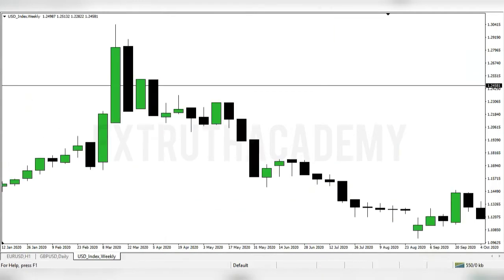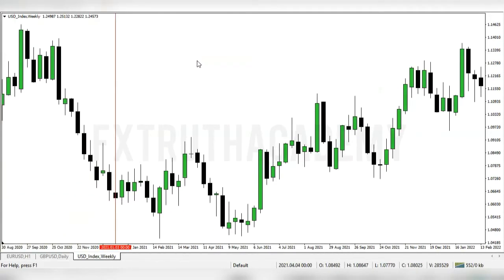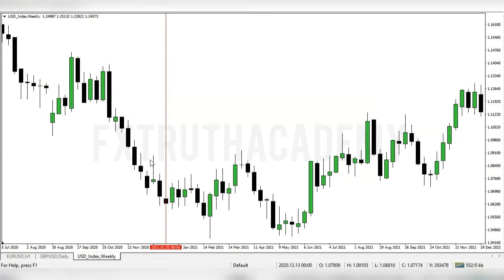So if I zoom that in, this is the way they approach it right here. They look at swing ranges. So this is a swing high going into 2021 rather. This particular swing high is an old high. So this is an area of liquidity. This is a resistance level if price is to trade to the upside.